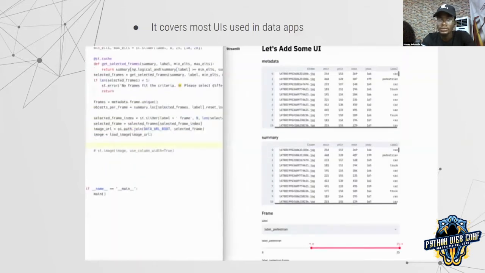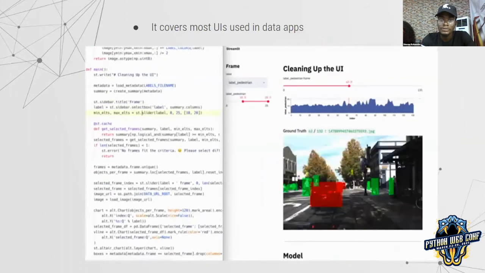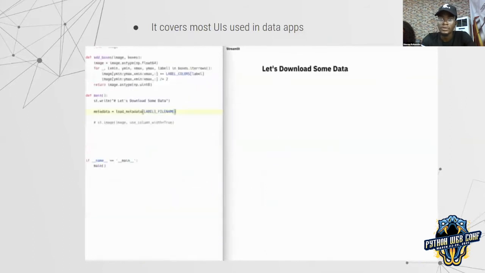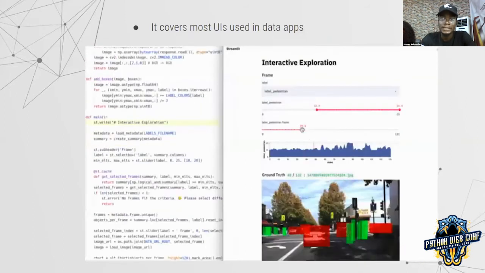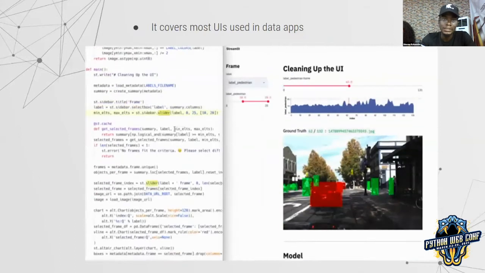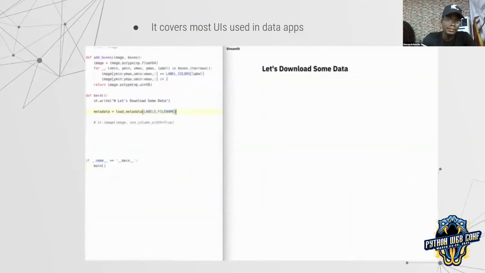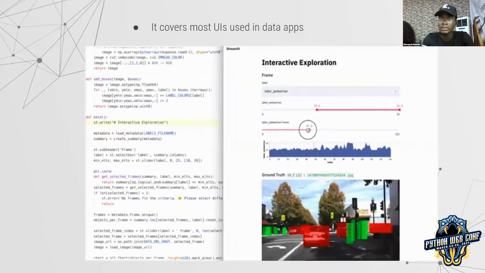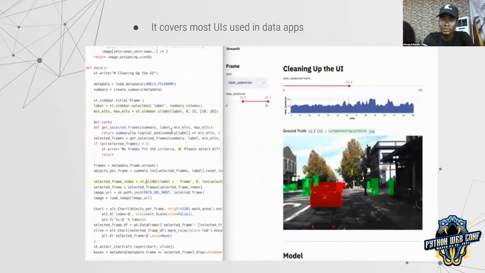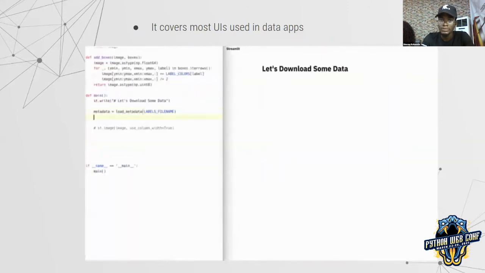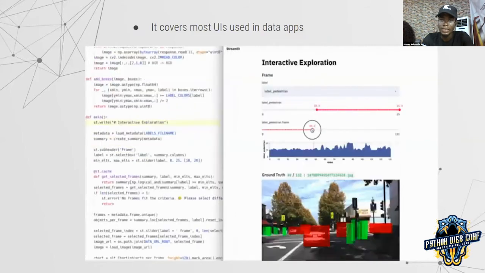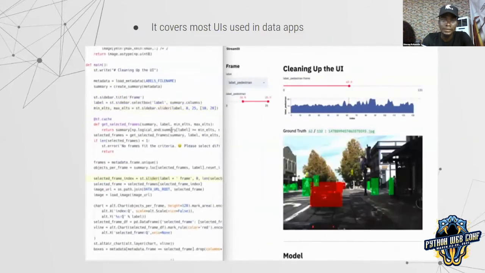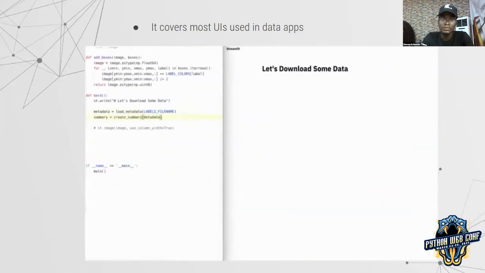Also, most of the UI elements that we need in data apps are already taken care of by Streamlit. Talk about having titles, a sidebar, a select button and stuff like that.